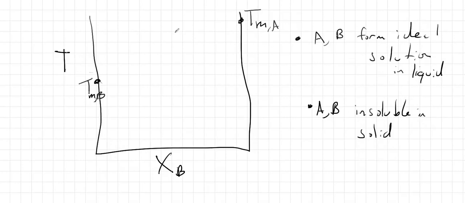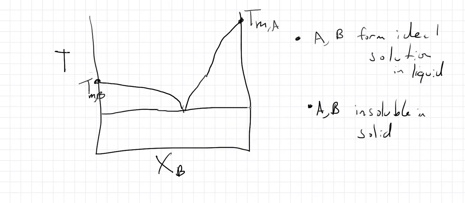So the freezing point of B is going to be depressed as we add A into it, and the freezing point of A will be depressed as we add B into it. So both these curves go down, and at some point they meet. Oh, that didn't work out. This is supposed to be a horizontal line down here.